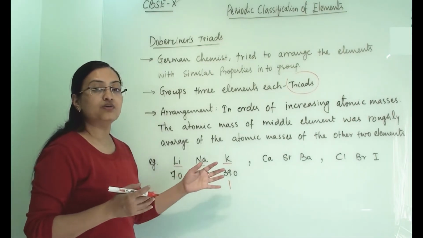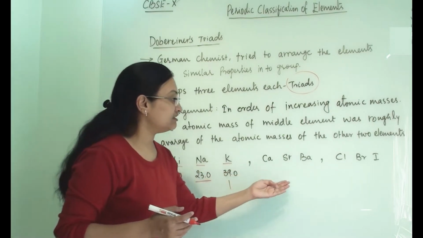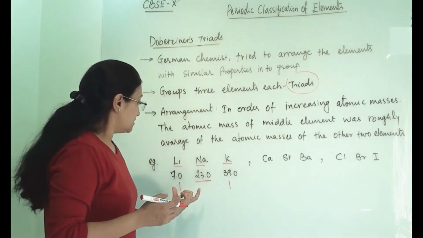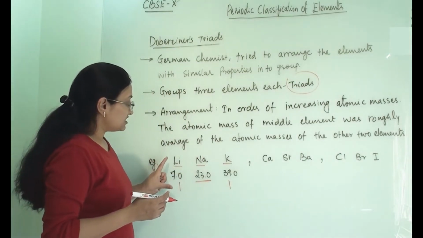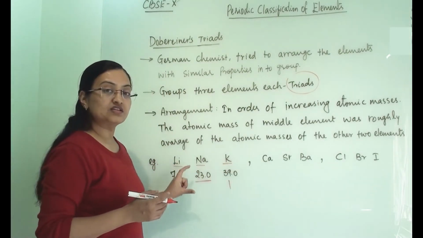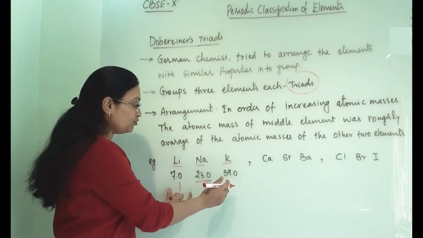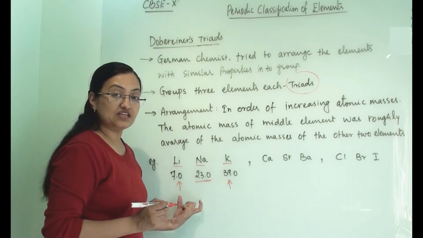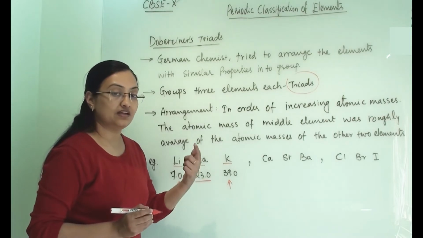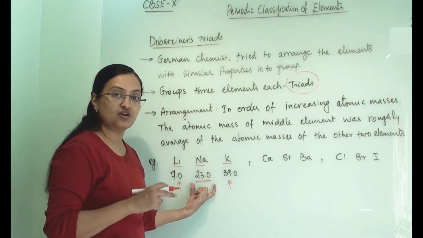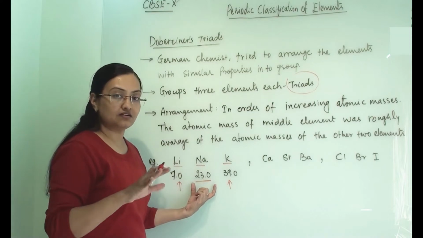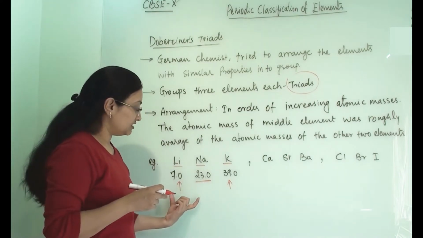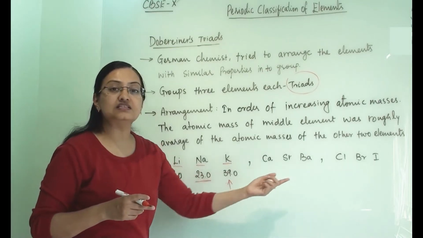He arranged elements in such a pattern that if you take the average of the 2 elements on each side, you get an answer that is roughly equal to the atomic mass of the middle element.